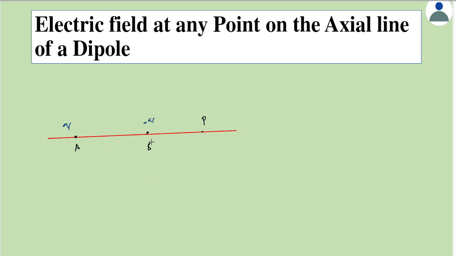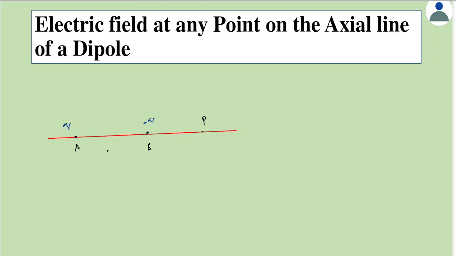The reference point can't be B or A, because point B is very close to point P and point A is very far from point P.